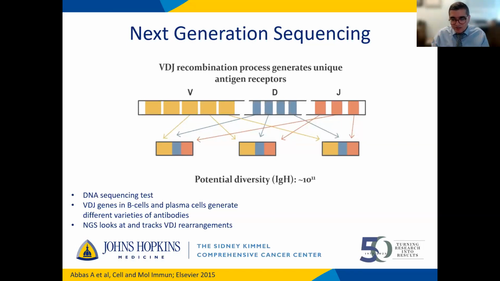And the VDJ sequence is specific to lymphocytes that turn into myeloma cells. So myeloma cells have this sequence and they retain this sequence or a slight variation of it throughout the course of the myeloma. And so it's a useful tool to say that, look, if I can identify this sequence, I can continue to look for it by a very sensitive test.